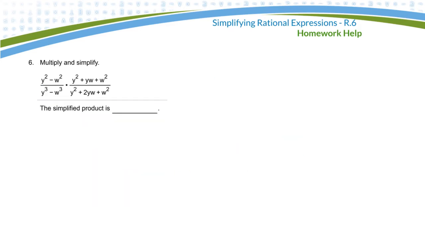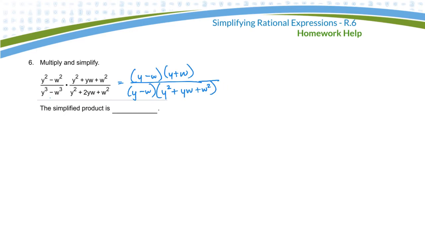Okay, multiplying, same thing. So I'm going to factor first, then see if I can cancel. So I have y minus w, y plus w over, difference of cubes. So y minus w, and then y squared plus yw plus w squared.